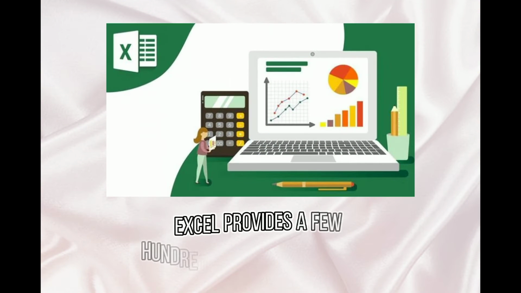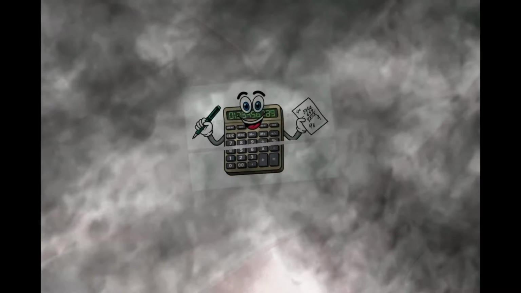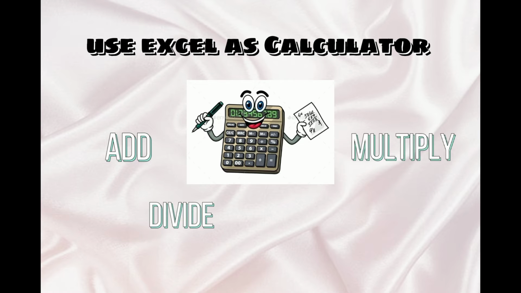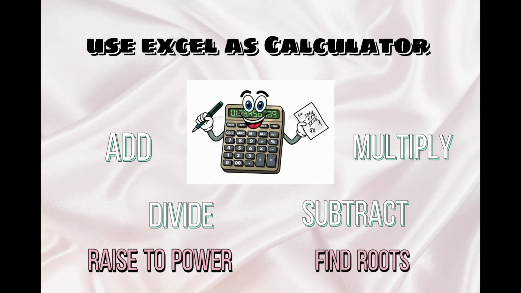For this, Microsoft Excel provides a few hundred predefined formulas called Excel functions. In addition, you can use Excel as a calculator to add, divide, multiply, and subtract numbers, as well as to raise to a power and find roots.